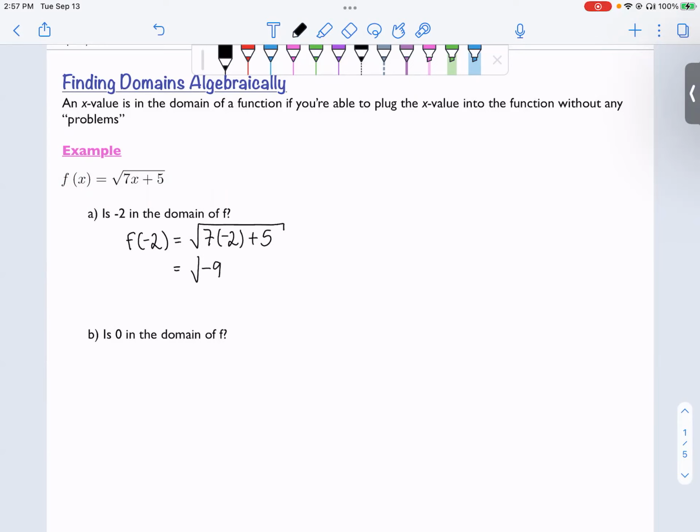So we have the square root of -9, and uh-oh. We have a negative under a square root, and that's not a real number. So when we plug -2 into this function, we get not a real number in return, which means that -2 is not in the domain of f of x.